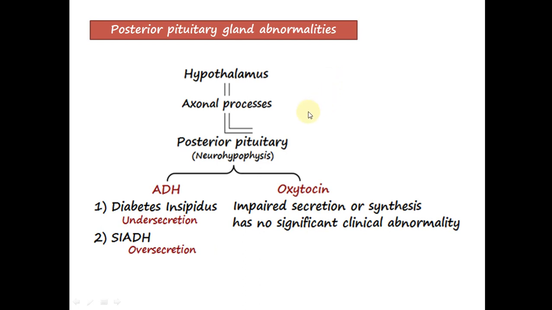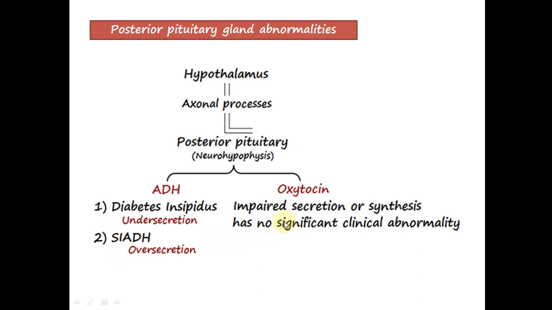The two abnormalities of the abnormal ADH secretion are the diabetes insipidus, in which there is no secretion or decreased secretion of the antidiuretic hormone, and the second abnormality is the syndrome of inappropriate ADH secretion, in which there is over secretion of the antidiuretic hormone, which increases the reabsorption of water, making the urine hyperosmolar and the blood hypoosmolar.